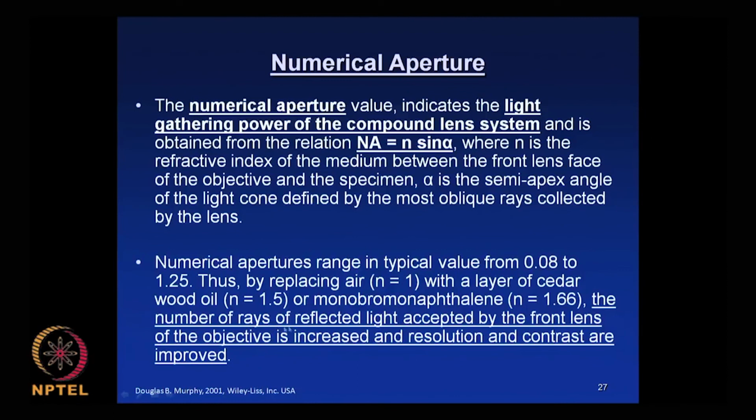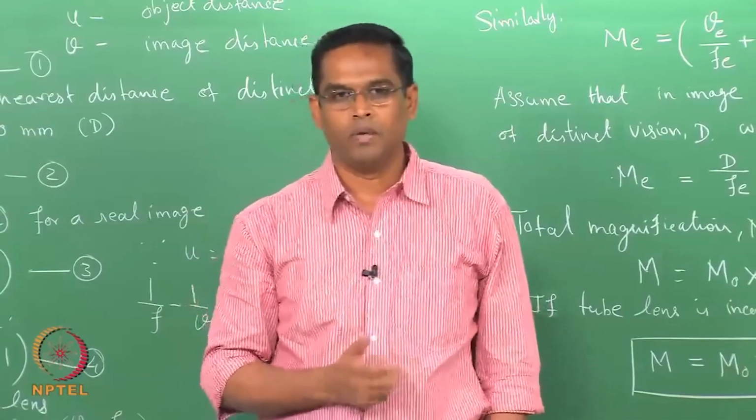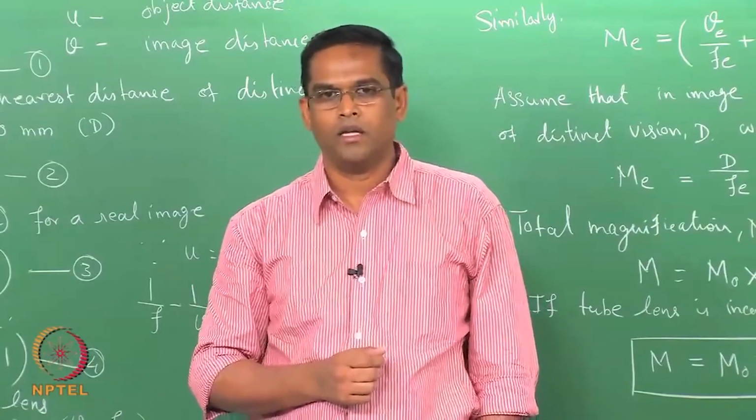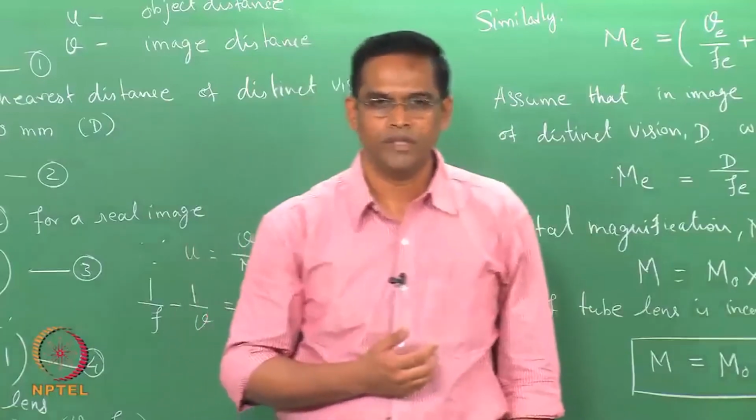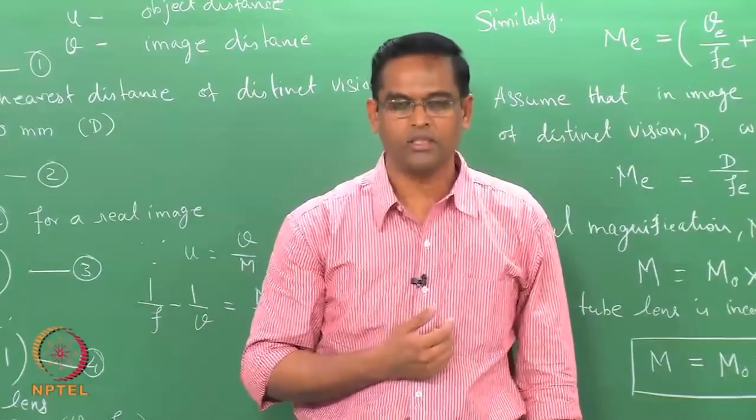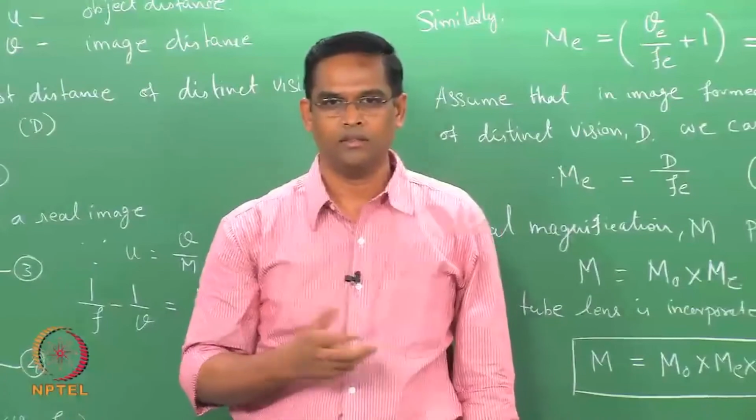The number of rays of reflected light accepted by the front lens of the objective is increased, and the resolution and the contrast are improved. So, this is the typical definition of numerical aperture. We will see how to derive the basic equation for this in the next class.